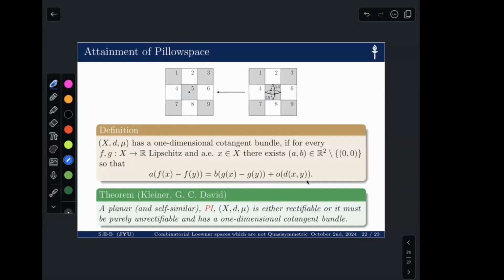Your analytic dimension, this cotangent bundle, is either two-dimensional, in which case you are essentially rectifiable and come almost directly back to the standard R2 metric, or you are this exotic one-dimensional thing. They also pose the question whether this one-dimensional thing exists. We don't know, but it seems somewhat pathological. So if anybody has ideas, this would be a wonderful thing.